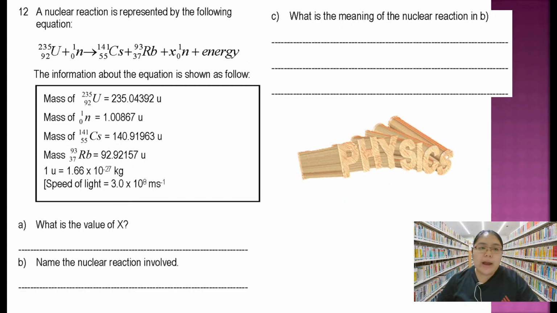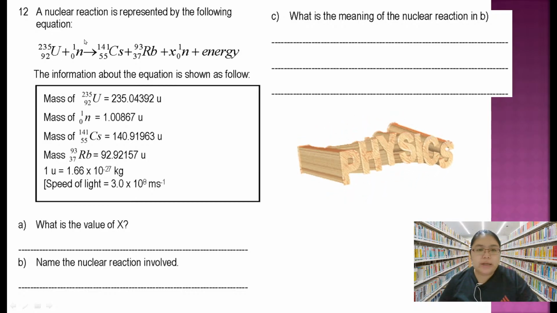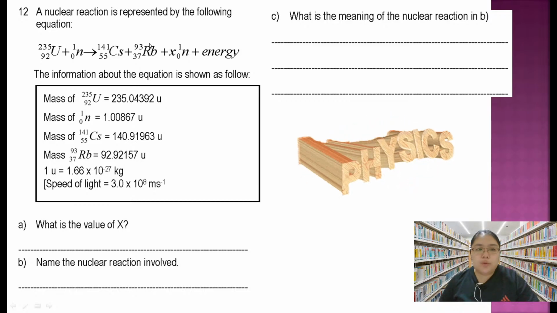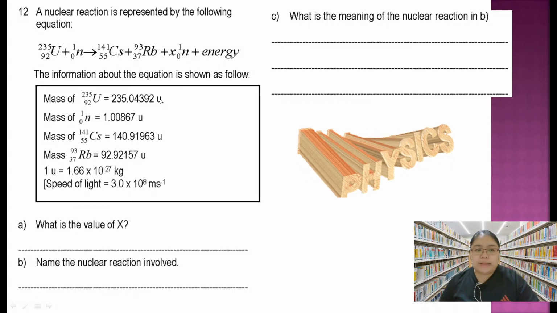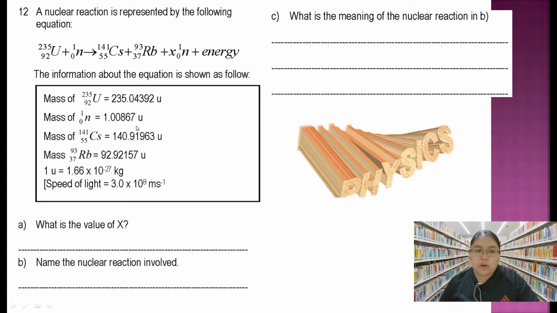The nuclear reaction is represented by the following equation. I give you the equation here, uranium and neutron. After being bombarded, they produce two lighter nuclei and some number of neutrons, plus energy. This is all the information on the atomic mass they told you.